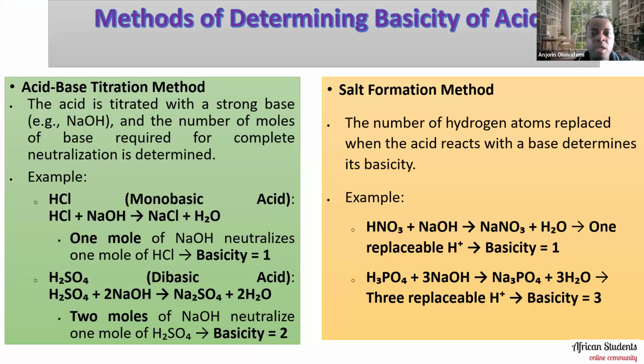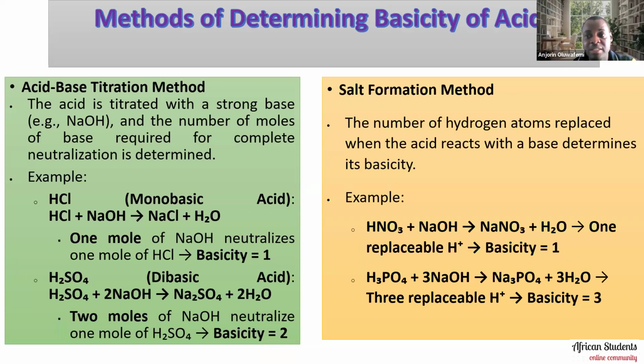We can also use the acid-base titration method to determine the basicity of an acid. The acid is titrated with a strong base, for example sodium hydroxide, and the number of moles of base required for complete neutralization is determined. When you have HCl, a monobasic acid, 1 mole of sodium hydroxide will neutralize 1 mole of HCl.